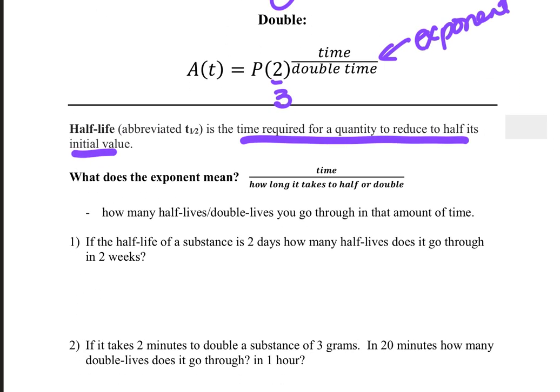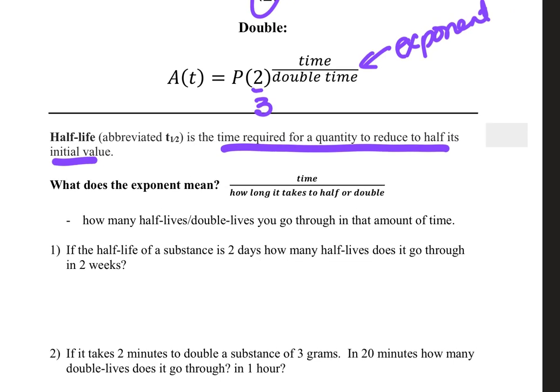So when we're doing this, what does the exponent mean? Time over double time or time over half time? Well, the top is how much time you're allowing, the time allowed, whatever it is, an hour, 800 years, whatever.